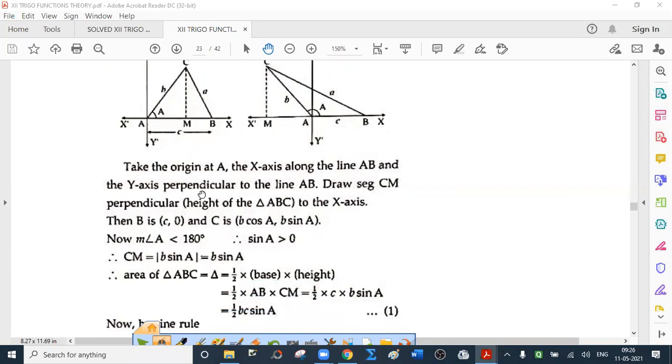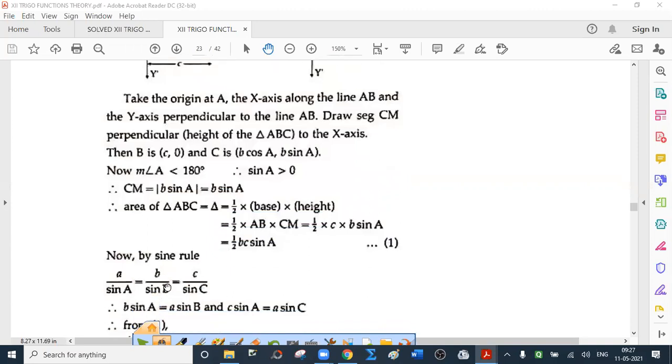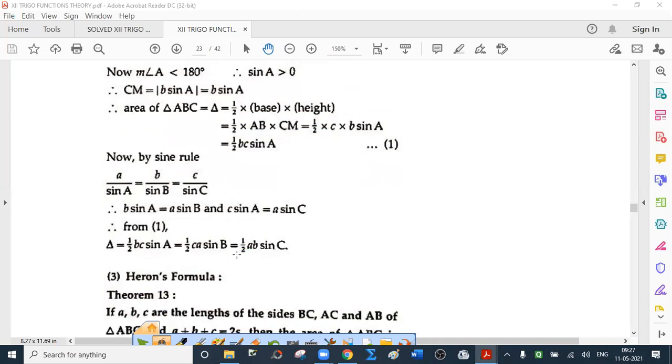So CM is nothing but mod of b sin A, but sin A is positive, so just b sin A. So the area of the triangle is half base into height, that is half AB into CM, that is half c b sin A, that is half bc sin A. Now by sine rule, a upon sin A is b upon sin B, c upon sin C. So b sin A can be replaced by a sin B and c sin A can be replaced by a sin C. So area of triangle becomes delta equal to half bc sin A, same as half ca sin B, same as half ab sin C.